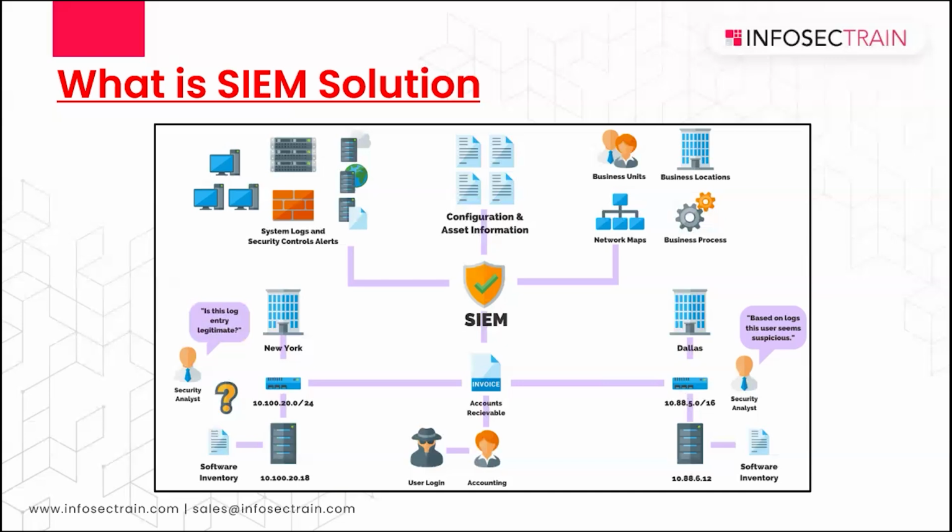So a SIM solution is a centralized place where all the logs from different applications in different parts of the world are fetched. It makes your life much easier, because on one single platform you're able to monitor what's going on with your different devices across the globe.